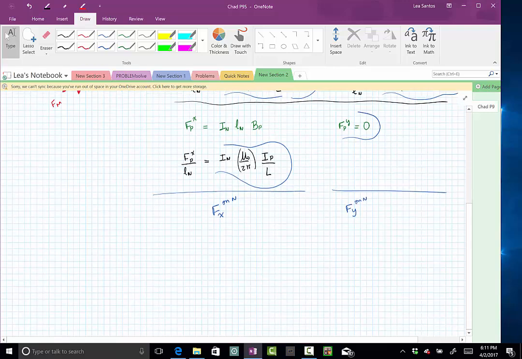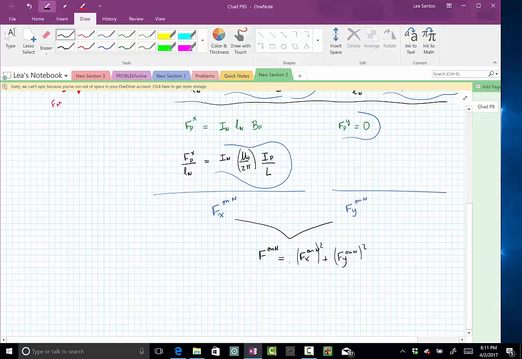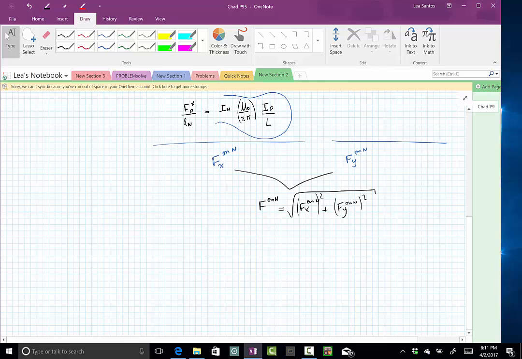And now with these two forces, in the x and the y direction, we can get the magnitude of the force on wire N by using Pythagoras: this one squared, and this one squared, and we do the square root of the whole thing, and we try to find the angle by using the tangent of the y component divided by the x component.